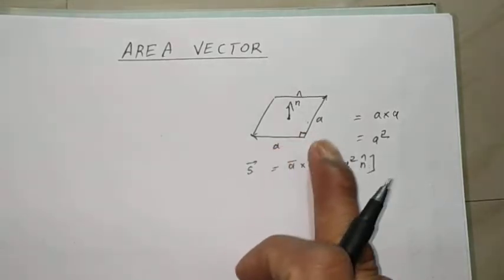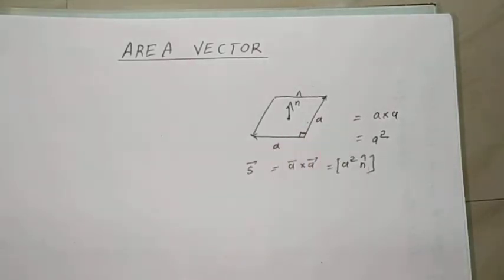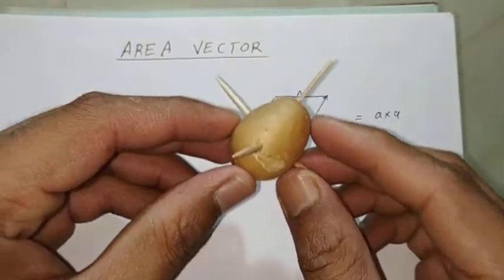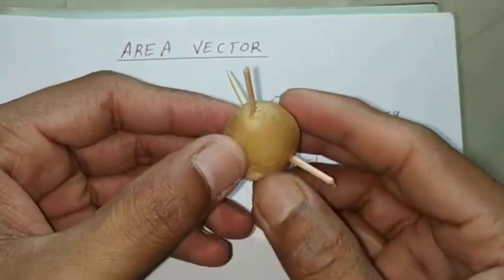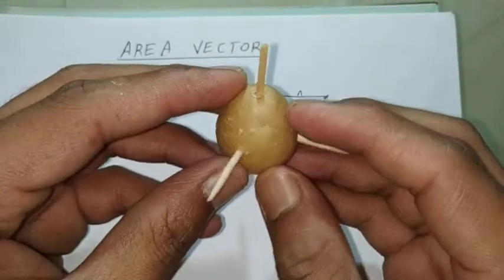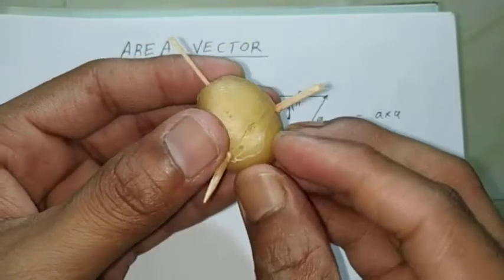So we have seen this area vector in a square. Can we see this area vector in any curved body or any three-dimensional body? Yes. For the surface of any three-dimensional object like this, it has a surface area.